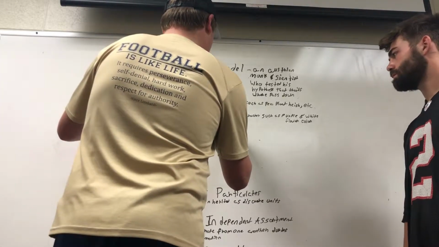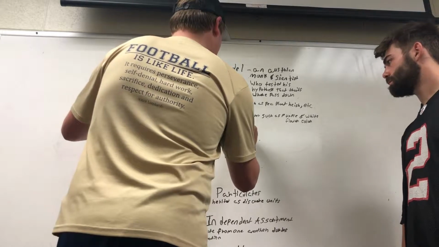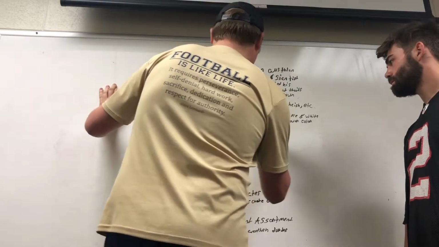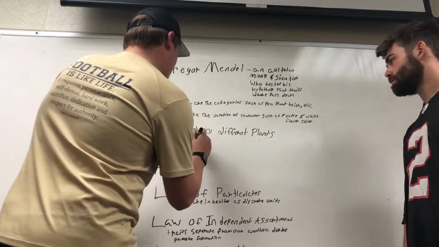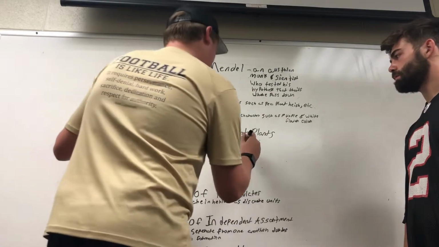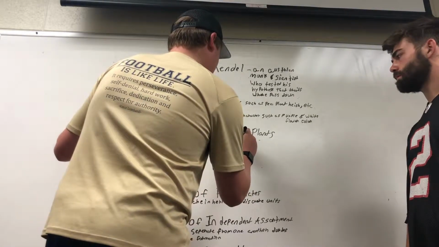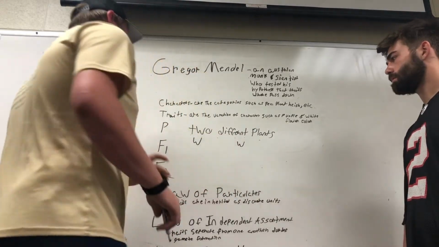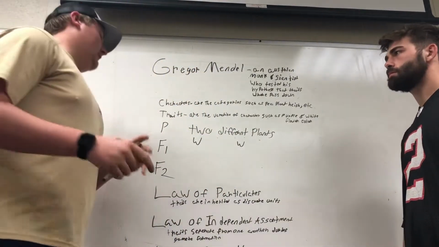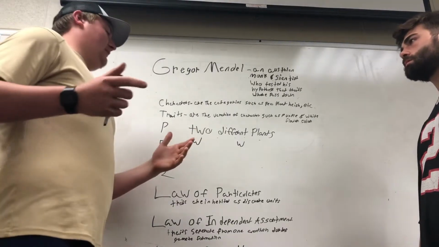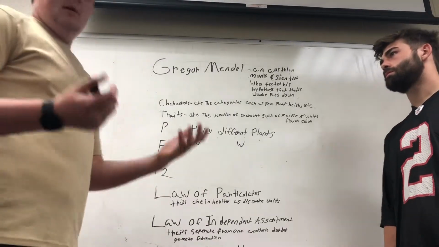He did this with his pea plants, and he started out with a parent generation of 2 different plants, one white, which we're going to represent with a W, and one purple, which we're going to represent with a lowercase w. Now, when these were crossed in the F1 generation, they figured they would blend and it would be a pink flower.